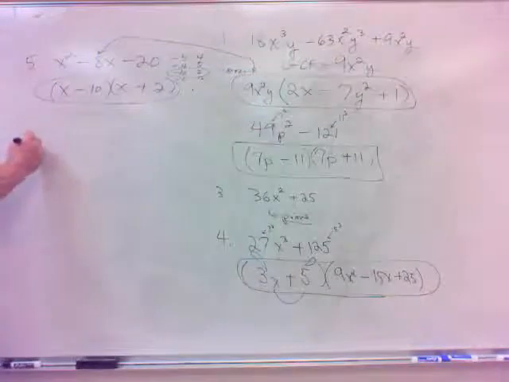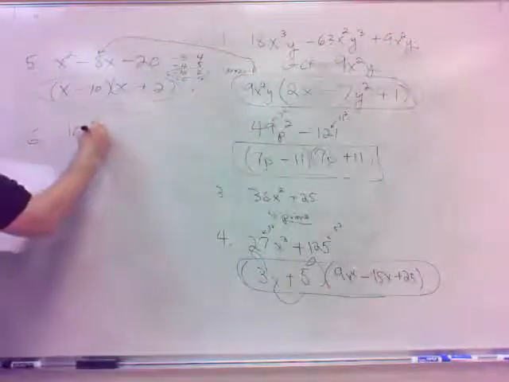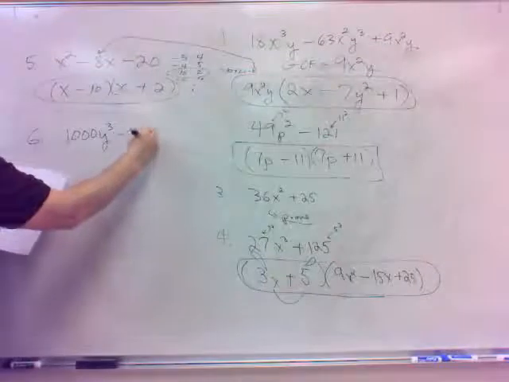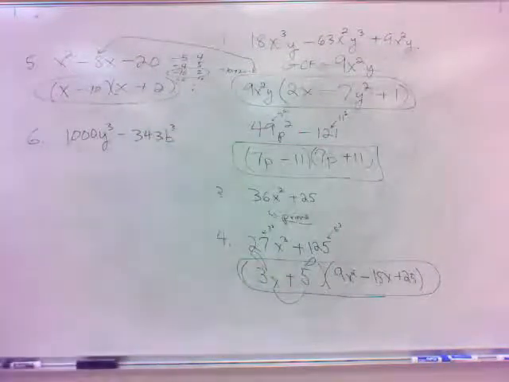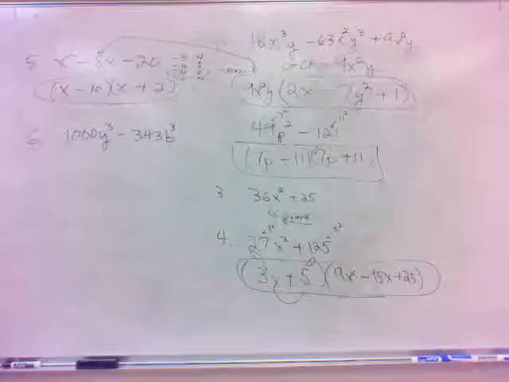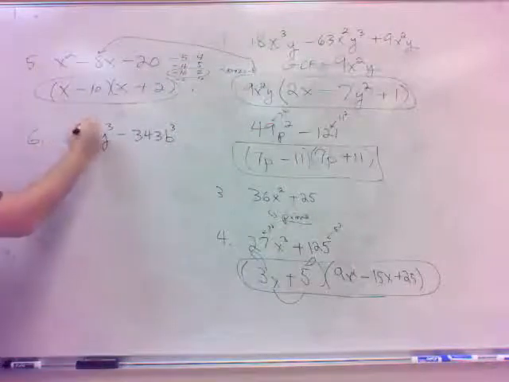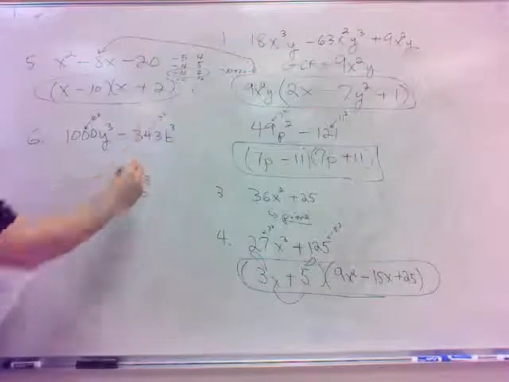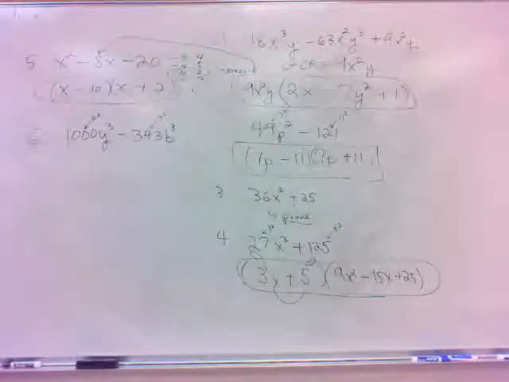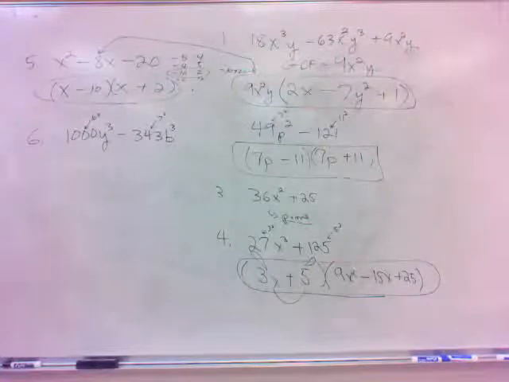All right, number 6. Number 6, we've got 1,000 y cubed minus 343 b cubed. What do you see there? Cubes? 10 cubed? 7 cubed. Yeah, 343 is a cube, 7 cubed. So we're here again with cubes.